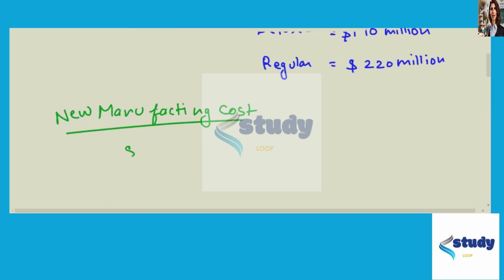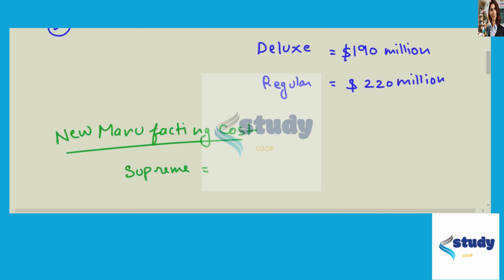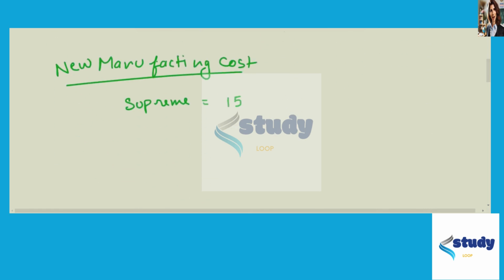First is Supreme, equals total manufacturing cost, that is 153 divided by new units produced, that is 150, which on solving gives $1.02. Next is Deluxe.